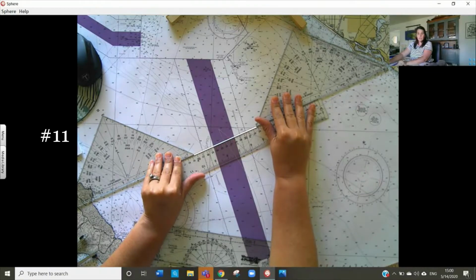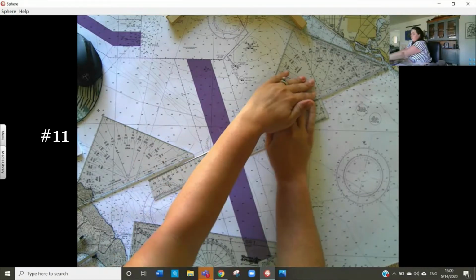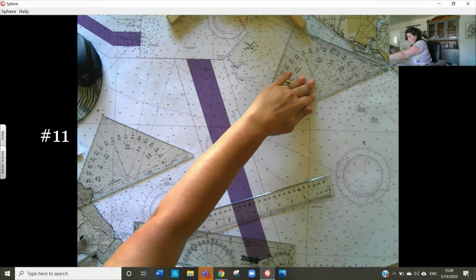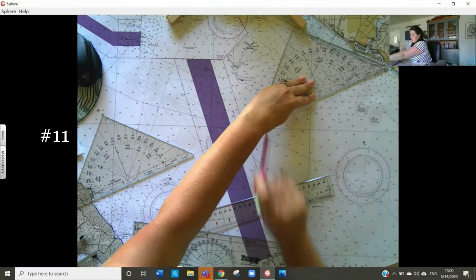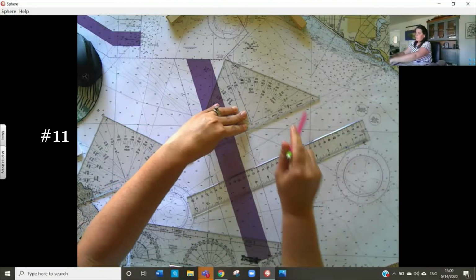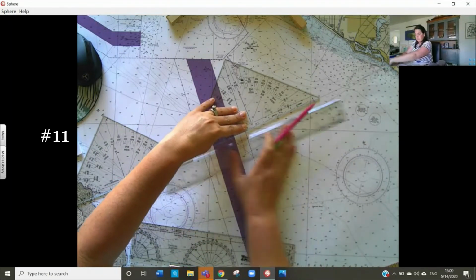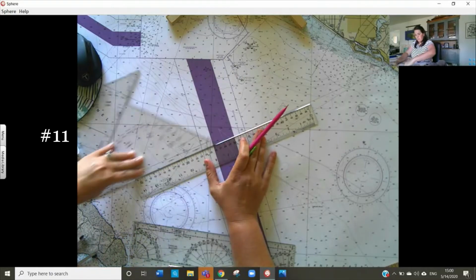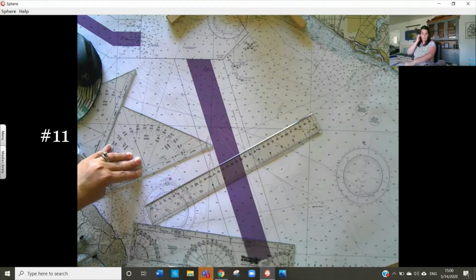And again, we always draw on the same triangle. So we can draw our line, move the triangle down, continue to draw our line, move the triangle, and continue to draw the line.